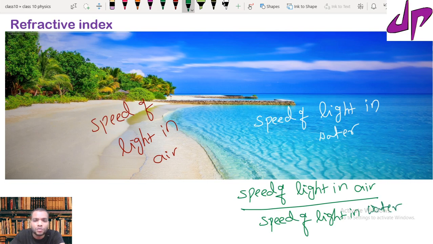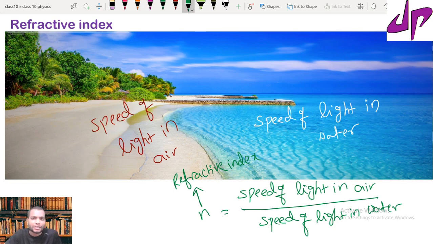If you divide these two, we will get a number. Since both are speeds, we can divide speed by speed, so we get a number. That number we call refractive index. Here n stands for refractive index. So this refractive index gives the relation between the two speeds in the two different mediums.